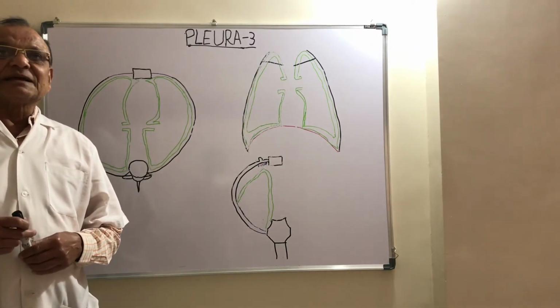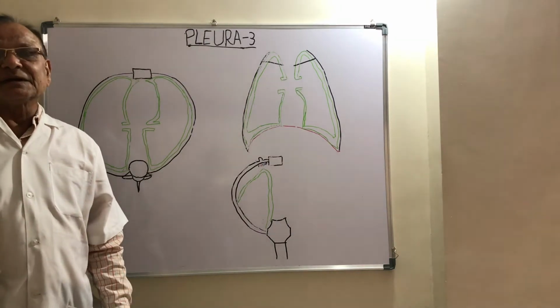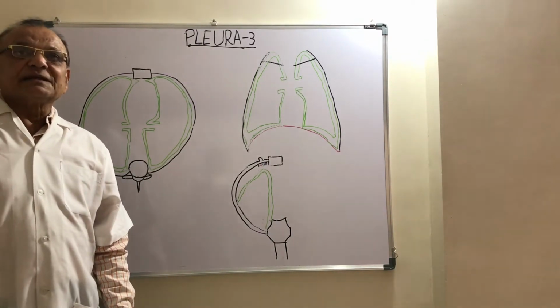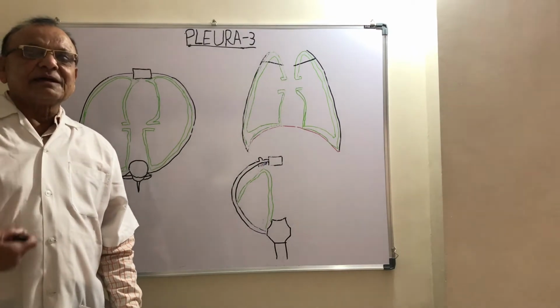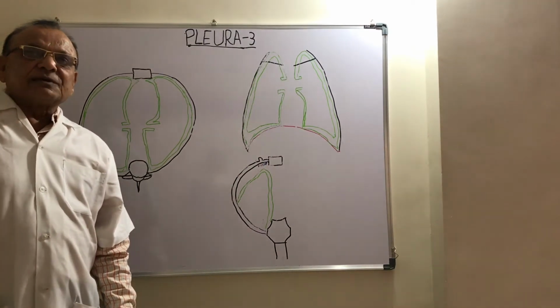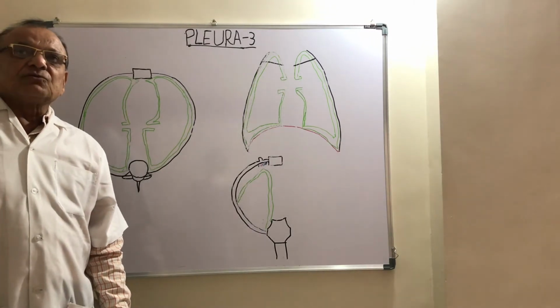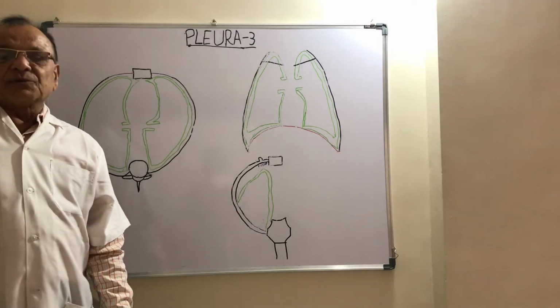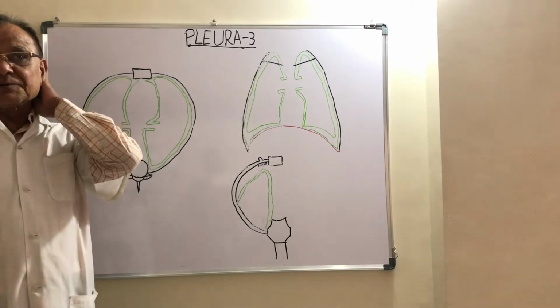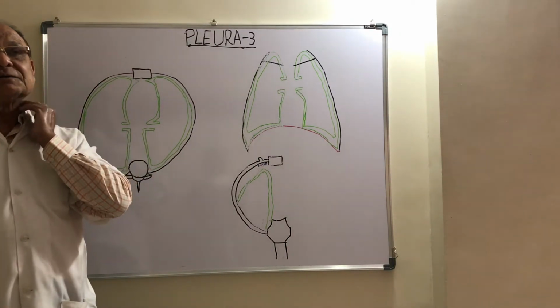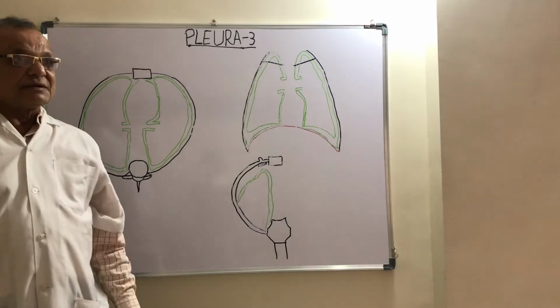It extends from the 6th to the 8th rib in the mid-clavicular line, the 8th to the 10th rib in the mid-axillary line, and the 10th to the 12th rib in the mid-scapular line. This costodiaphragmatic recess is the lowest part of the pleural cavity.